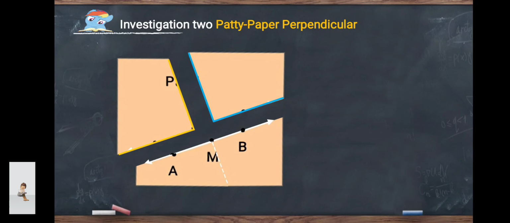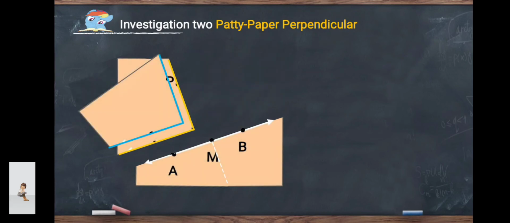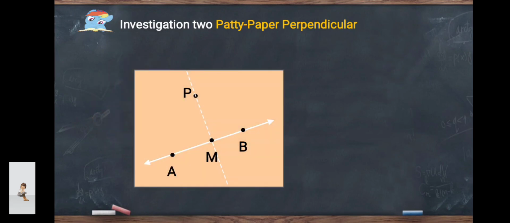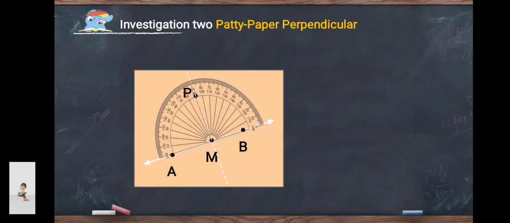Let us cut the 2 angles apart, then put angle AMP on top of angle BMP. As we can see, they are congruent. Yes, they are congruent. For more accuracy, this is the measurement of the 2 angles.